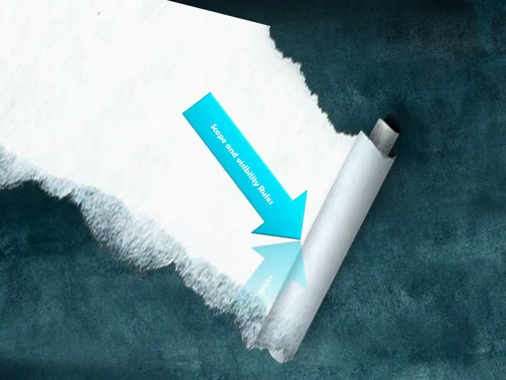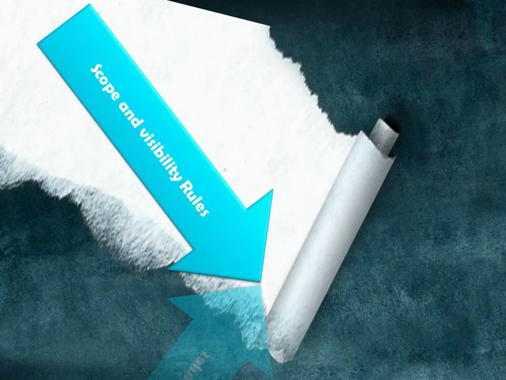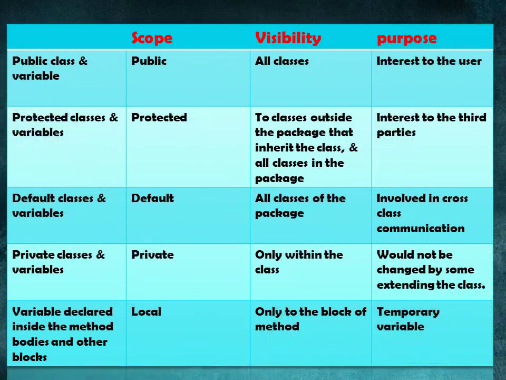Next we'll see the scope and visibility rules. It is the easiest way to understand the rules to be followed while writing a program. If you have given a public class and variable, that class and variable are visible to all the classes.